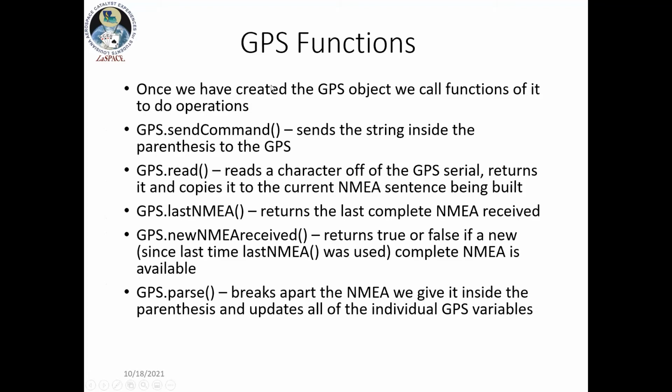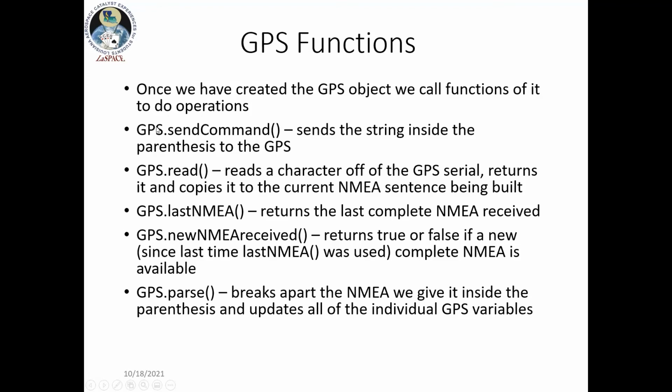Once we've created this object, we can now call functions that are specific to it to do operations. The way this works in general is you have the name of the variable, we're using GPS here, a period or dot, and then the actual function after that. That tells it to run this function, defined for this particular type of variable, on that instance of the variable.